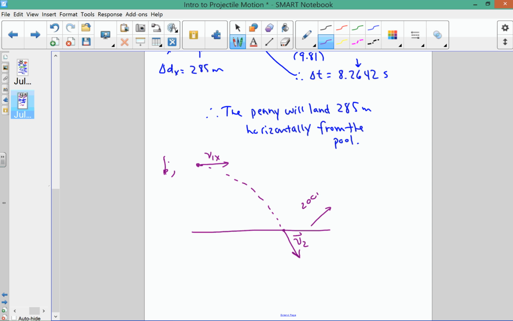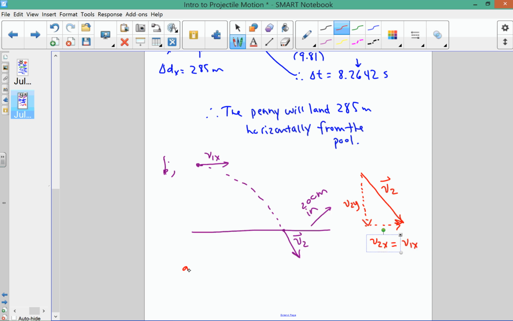Let's zoom in to this vector, v2. v2 is a combination of velocities in each coordinate direction, velocities that we can solve for using our kinematics equations. So there's some x component, which is exactly the same as our original velocity, and there's some y component, which we can solve for using our kinematics equations.